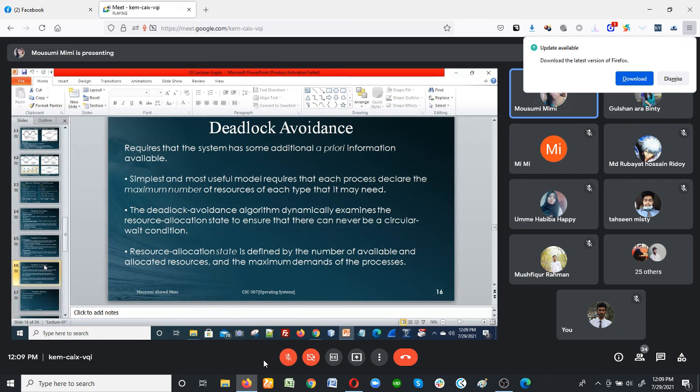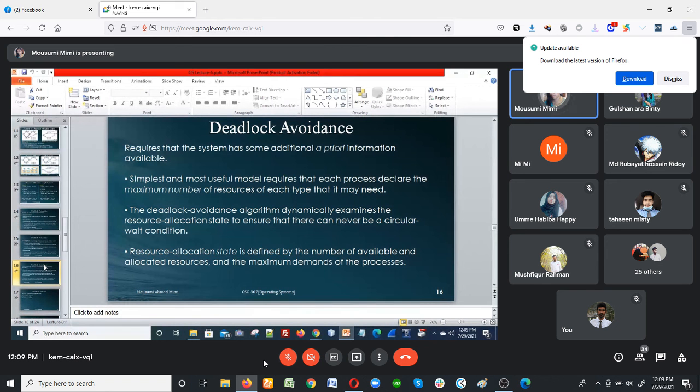So the deadlock avoidance algorithm is actually the Banker's algorithm, and it checks dynamically which process actually needs the resources right now. According to priority, it provides some priority. For example, there are 3 processes, process 1, process 2 and process 3.